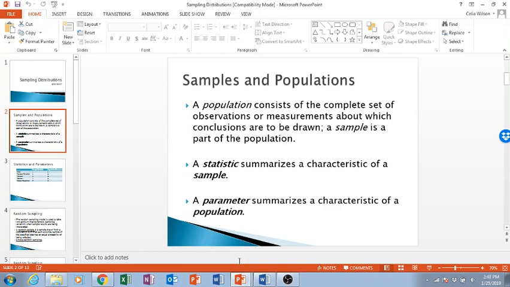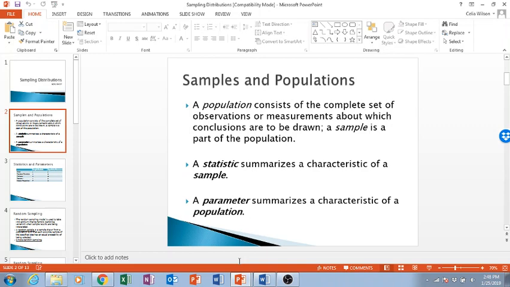So, for example, if my study is investigating ninth grade students in urban school districts in Texas, that's my population. From that population of ninth grade students in urban districts in Texas, then I could pull a sample from that population.